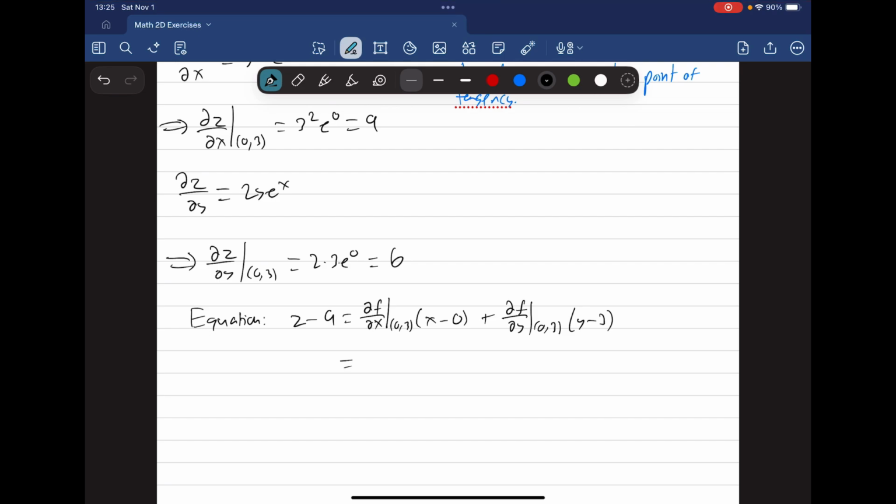This works out to be 9x plus 6y minus 3, and this would be our equation of the tangent plane.